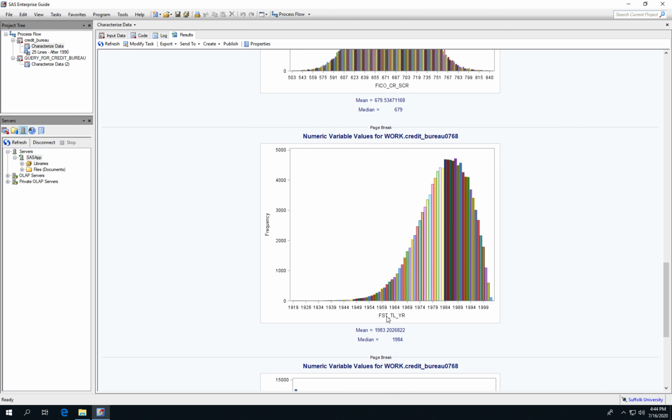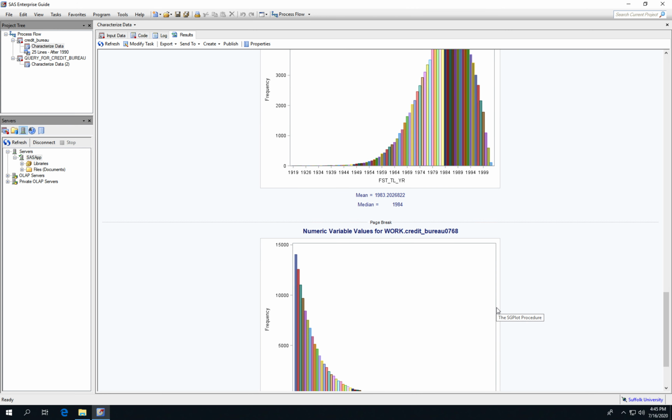I now look at the first year of the trade line, the first trade line year, and I notice that there's this really interesting negative skew here. A lot of the data seems to be grouped from like 1960s and onward.